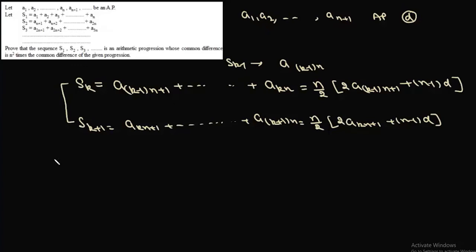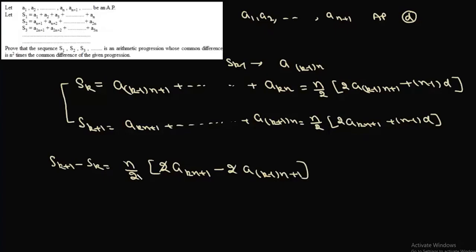So what we'll do is we'll find S(k+1) minus Sk, and here (n minus 1)d will cancel. So we can write this as n by 2 into 2A(kn+1) minus 2A((k-1)n+1).